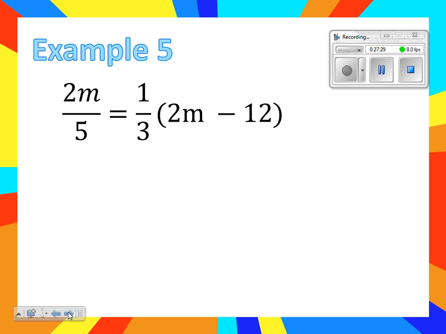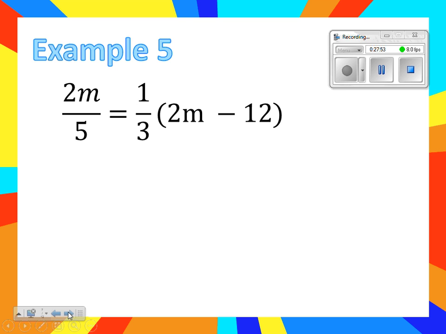Write this one down, and then let's talk about it before I let you go with it. What comes first? Parentheses. I'm not going to times by 15 and get rid of those fractions. When do I do that? Next. Okay, do your parentheses first.